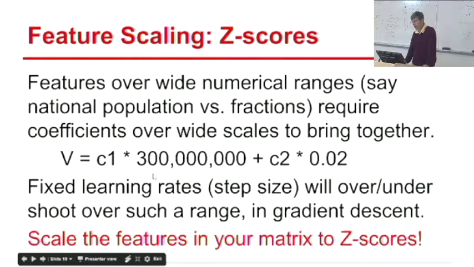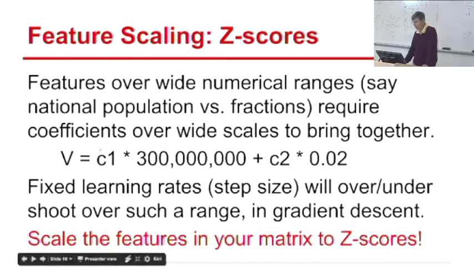It should be clear if I divide this by a million, there exists a coefficient that would work in these terms that are divided by a million, namely a million times bigger, right? So it doesn't really give you more power, but because of how these things get solved with numerical stability and numerical algorithms, it is often good to have your linear features all be about the same order of magnitude.